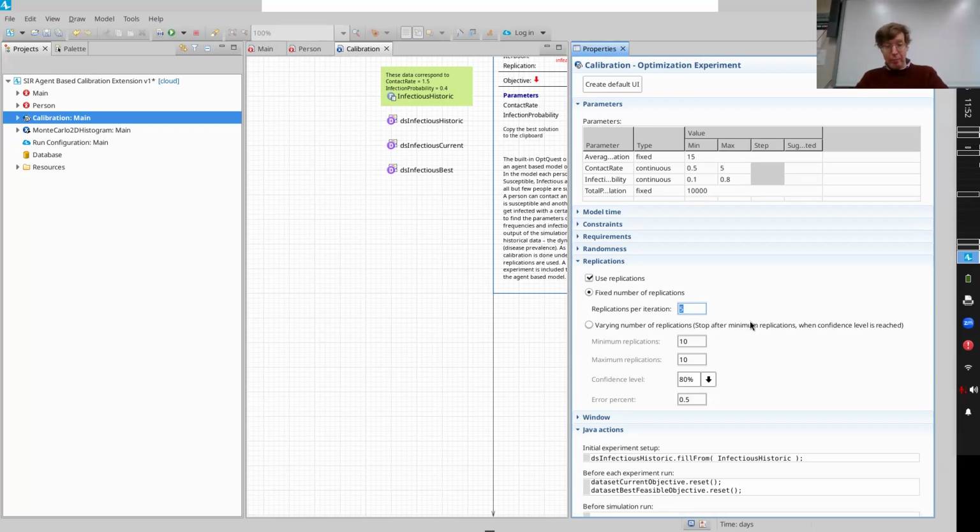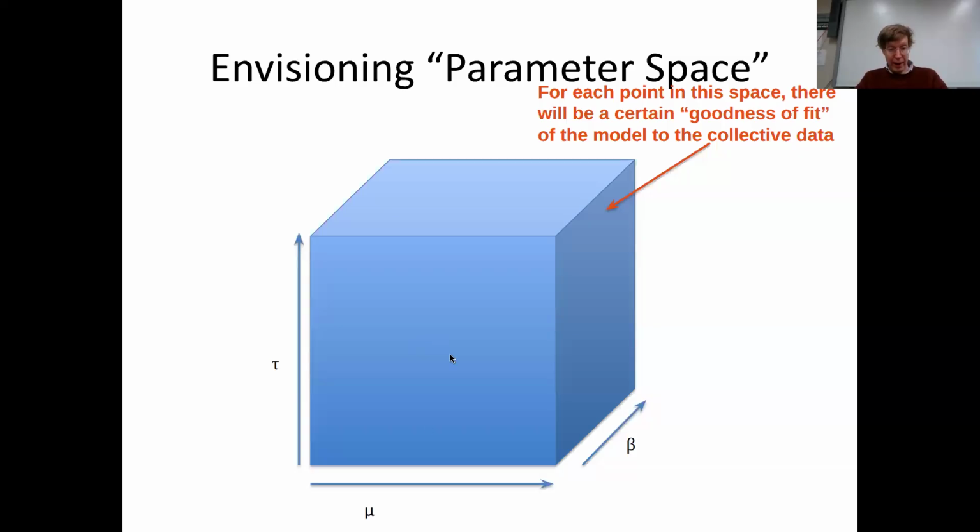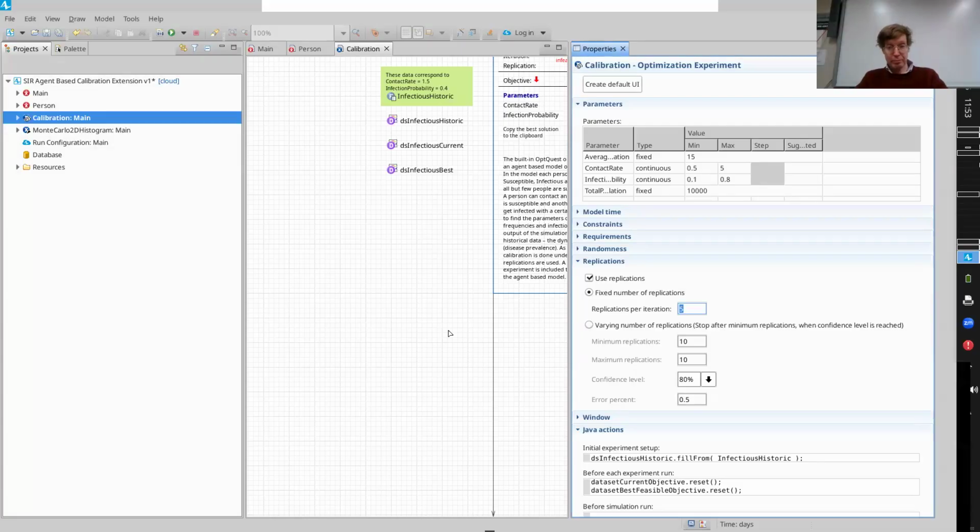I won't go to the slide in my slide deck associated with this, but here we need to run the model not just once, but many times, in this case 5 times, because any given run may be fairly variable. And we want a reliable indicator for a given point in this space, a given value of one parameter, a given value of another, of how good the match is. Okay.